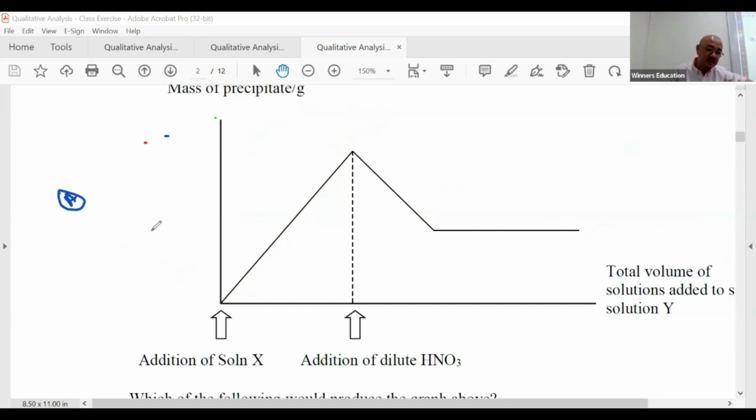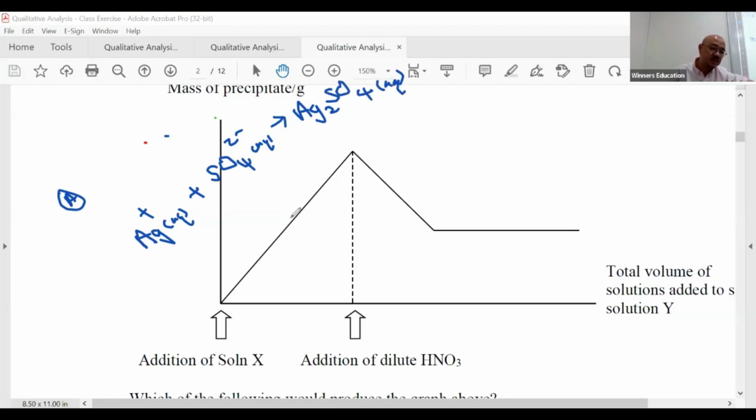Option A. If it's A, then I have silver nitrate. So I'm adding silver ions to sulfate ion. You realize the salt formed is called silver sulfate, which is aqueous. So there's no precipitate, no mass.